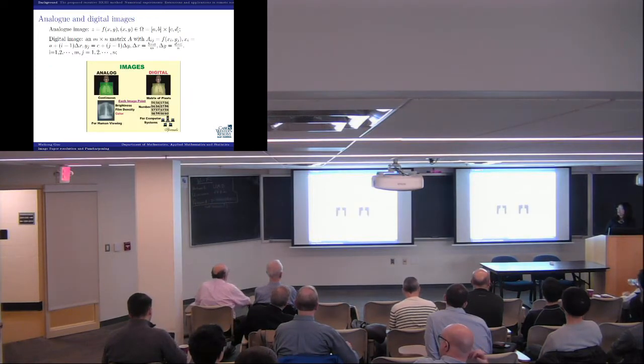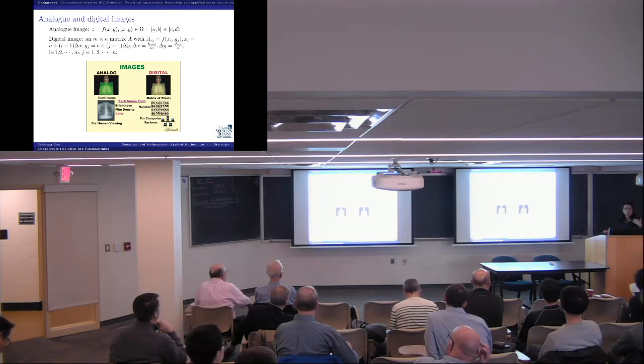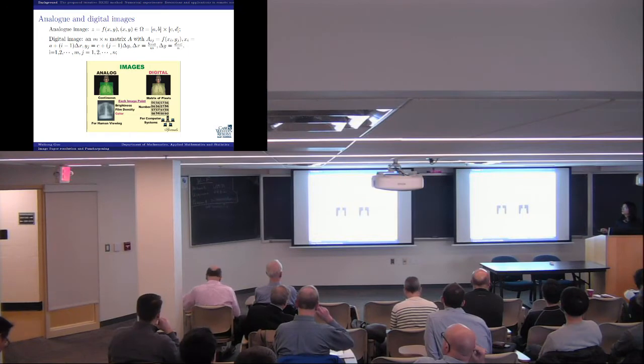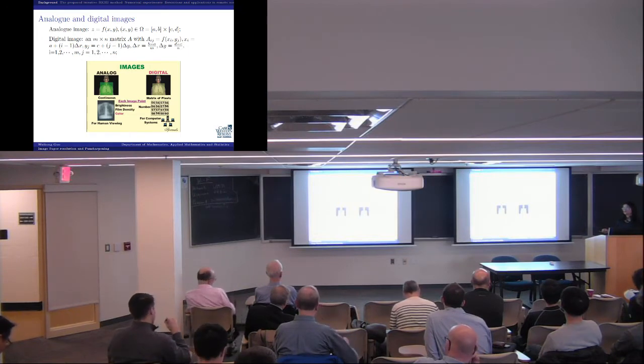Speaking of analog and digital images, this is an analog image, which means it's a function defined on a continuous domain, like a human brain. We are defining a solid, continuous domain. There's no gap in between here and there. But in digital, what you see on computers or your phones are digitalized images.